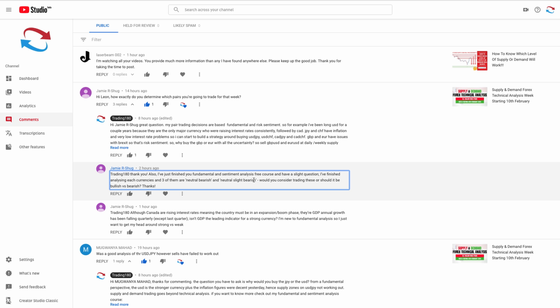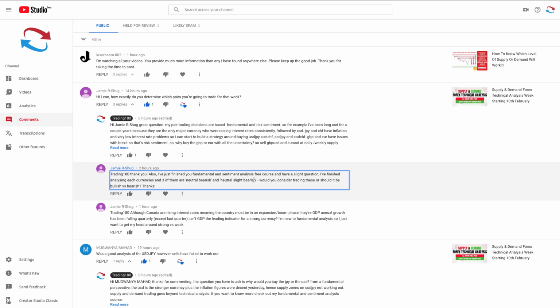So for example, Brexit, the pound would be neutral, slight bearish for me, because obviously money and financial institutions aren't looking to invest in the pound until there is some sort of clarity regarding Brexit legislation, etc., and a deal that potentially is going to happen.